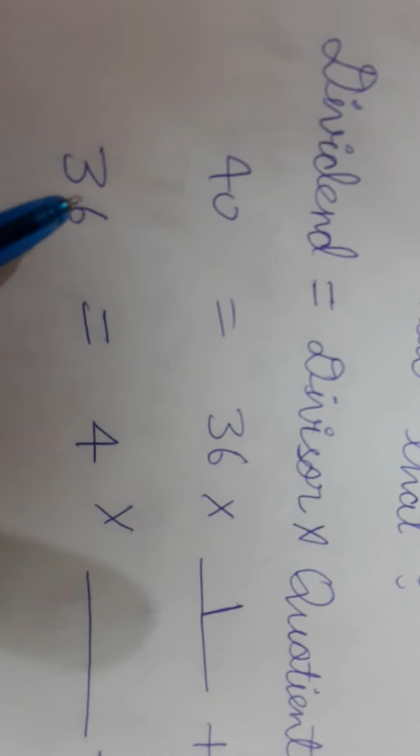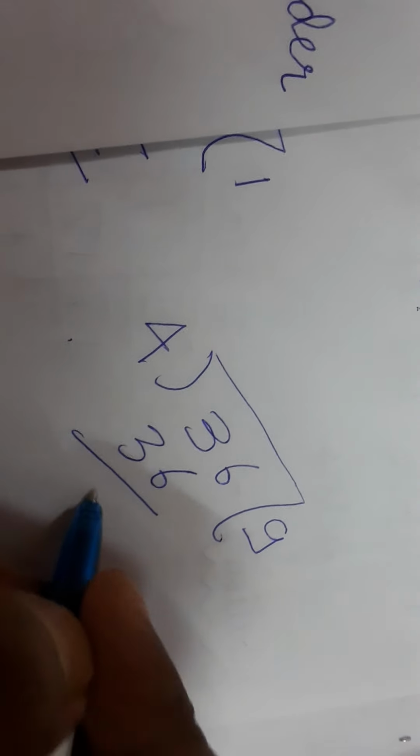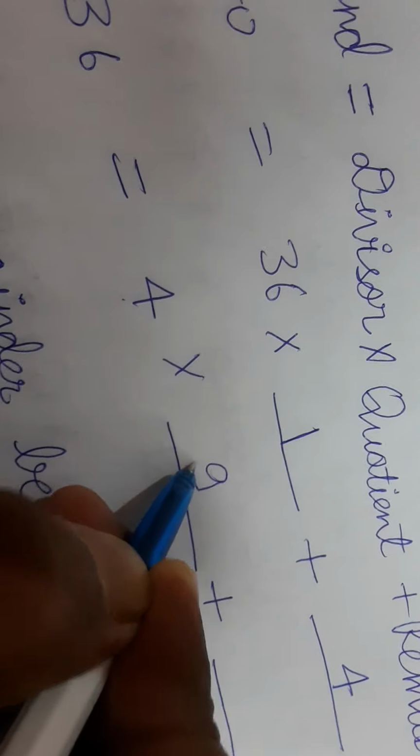Now again I am getting the value of quotient and remainder. I have received quotient 9 and remainder 0. The value of quotient becomes 9 and now remainder becomes 0.